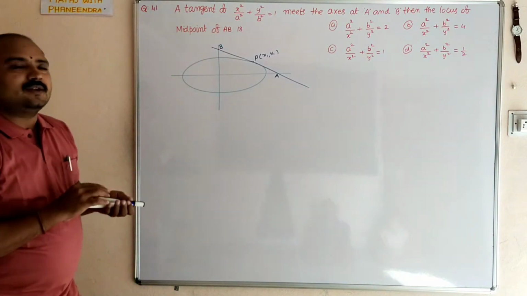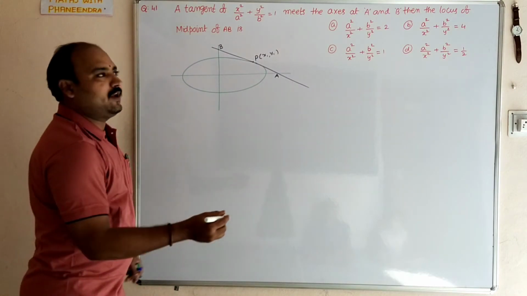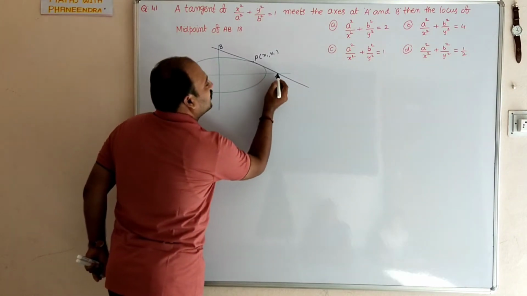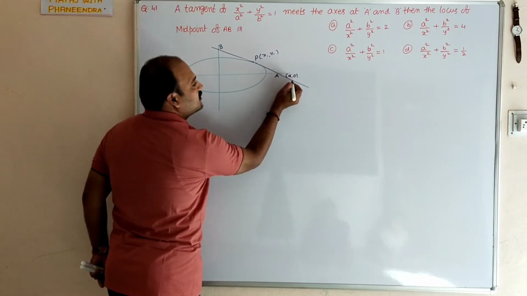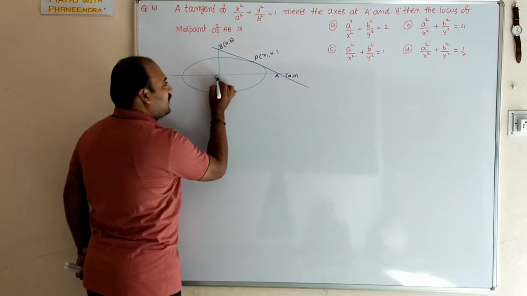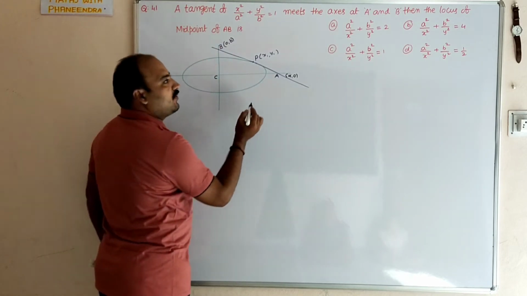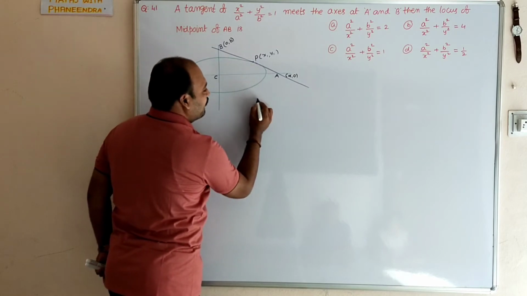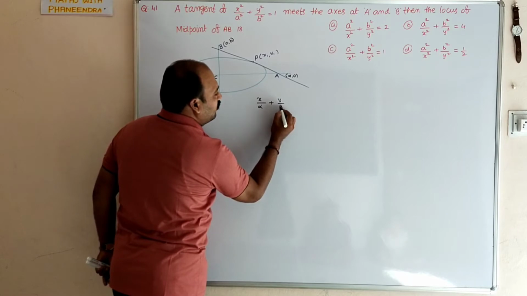And taking this tangent, from here to here, that length I am taking as alpha. So, alpha comma 0, 0 comma beta. So, x-intercept is alpha, y-intercept is beta. Therefore, this equation is x by alpha plus y by beta equal to 1.